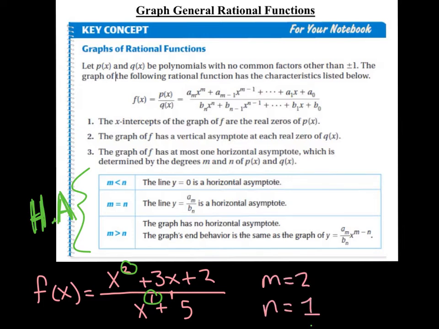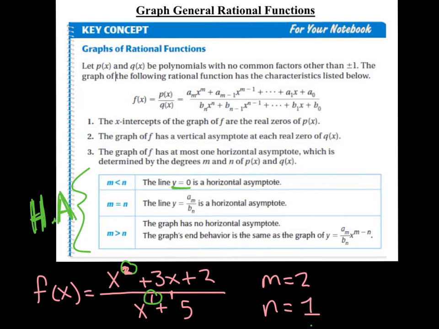For each function it's going to be different, but we're looking at those degrees of the numerator and denominator. When your numerator degree is less than your denominator degree, m is less than n, your horizontal asymptote is at y equals 0.